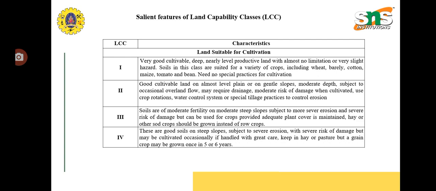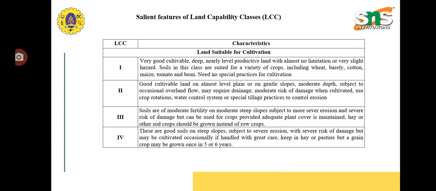They affect one or more practices like timing and ease of tillage, planting and harvesting, choice of crops, and methods of conservation. Under good management, they are fair to moderately high in productivity for a fair range of crops.